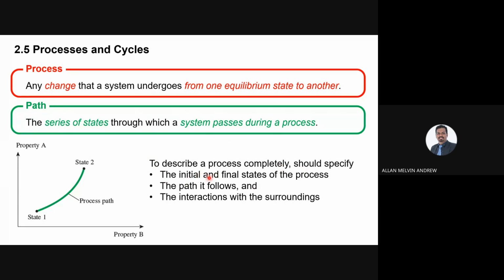You need to know the initial and the final state of the process, and you need to know the path it follows. Let's say you have two or three paths: which path do you want to take, path A, path B, or path C? You need to determine it, as well as the interactions with the surroundings.